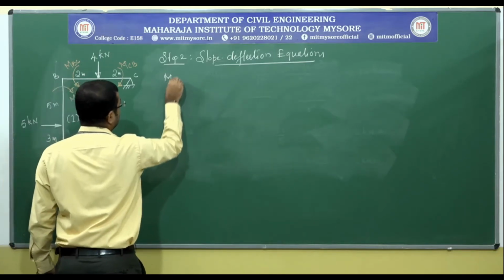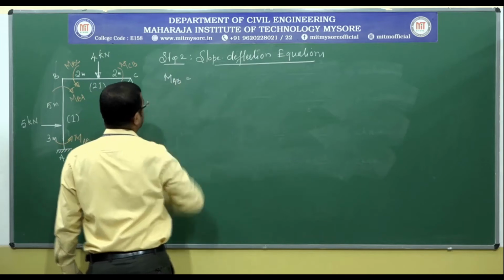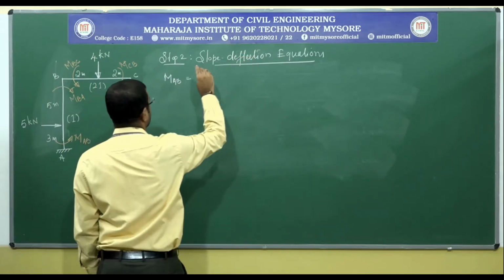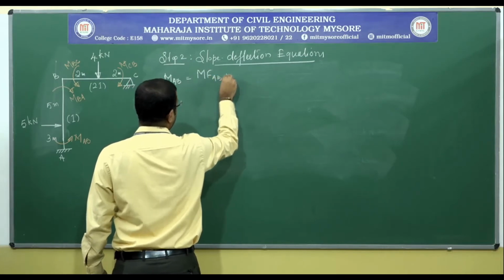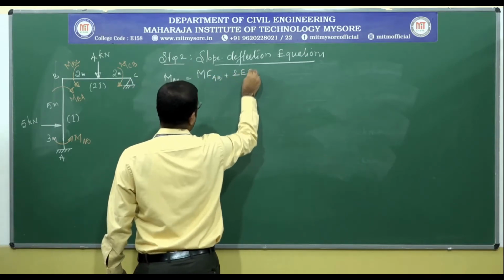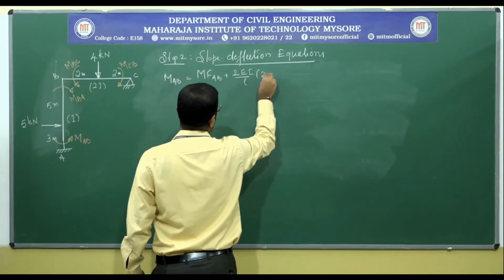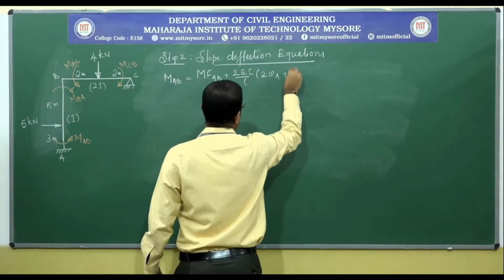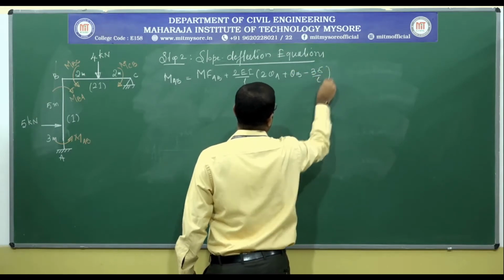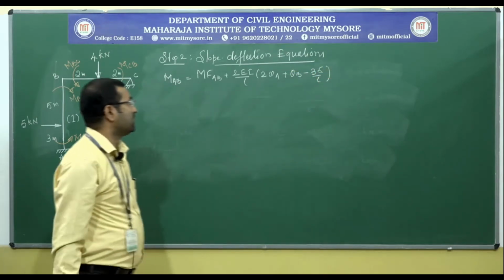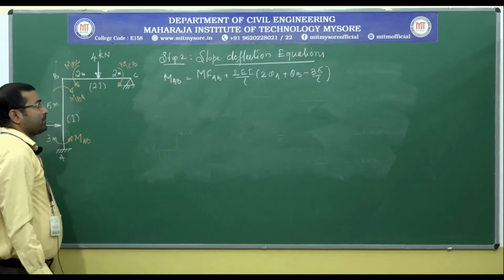To calculate the end moment MAB, the slope deflection equation will be MFAB plus 2EI by L into 2 theta A plus theta B minus 3 delta by L. So this is the slope deflection equation at A.